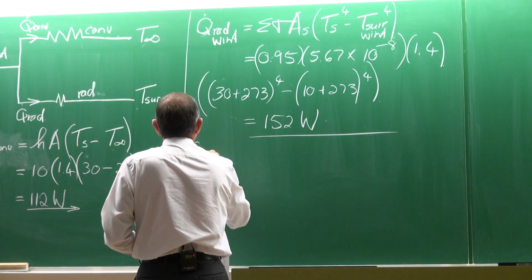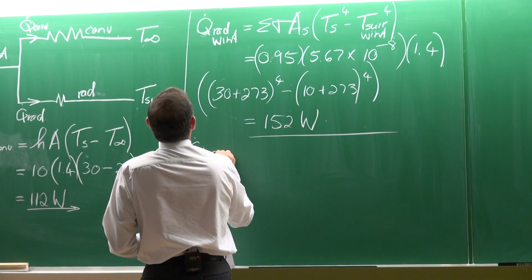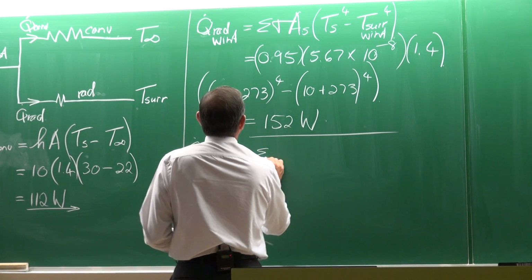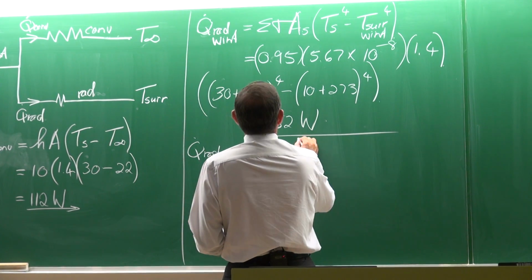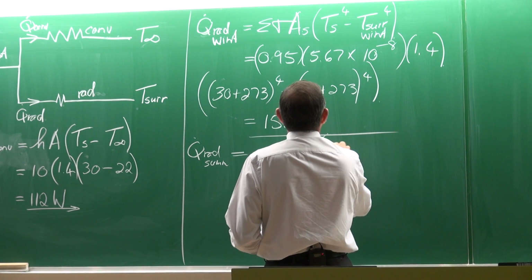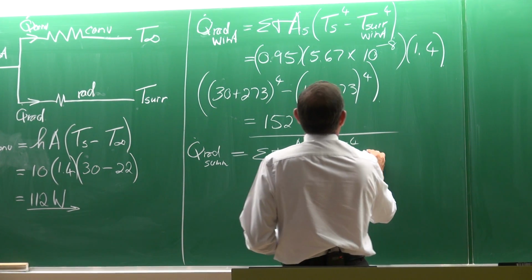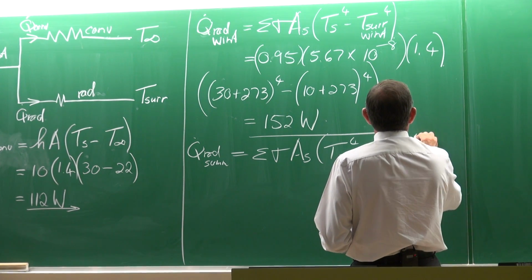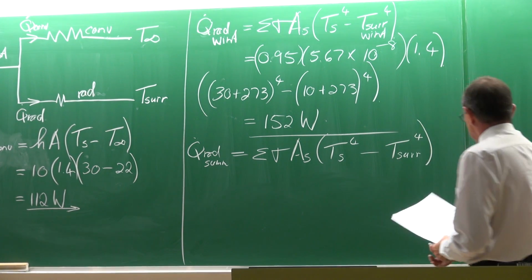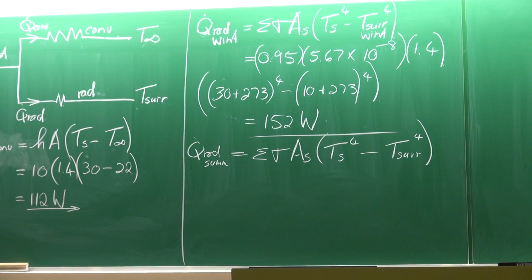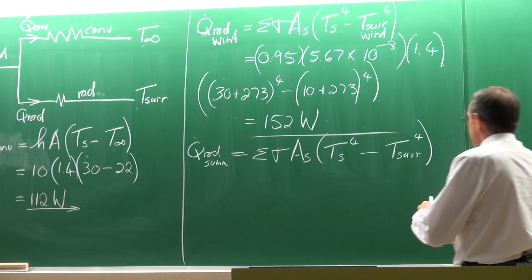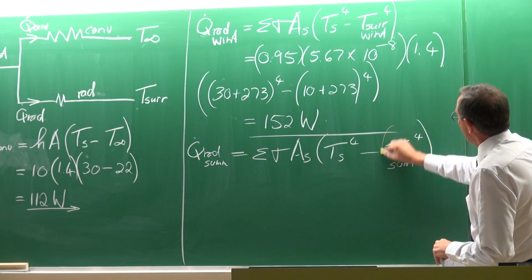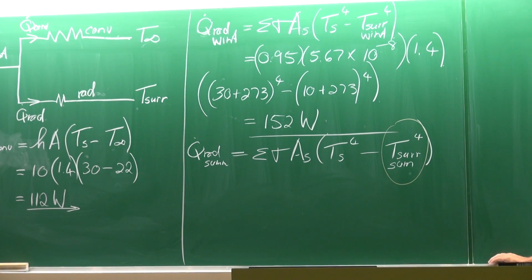Also now in summer, the calculation, again, the emissivity, Stefan Boltzmann constant, the surface area, the temperature to the fourth minus the temperature of the surroundings to the fourth. And now it's going to be in summer. So the only term that is now different is this term.